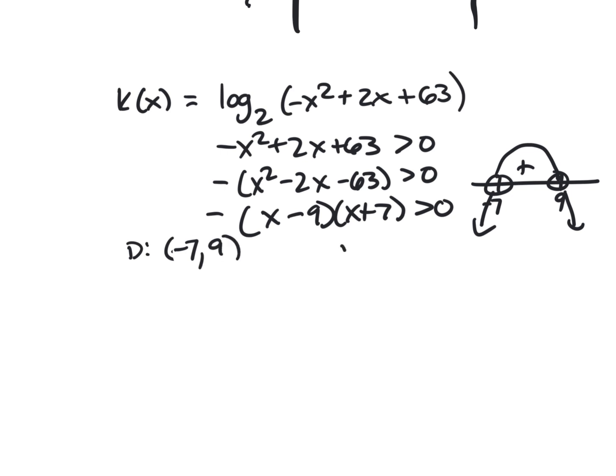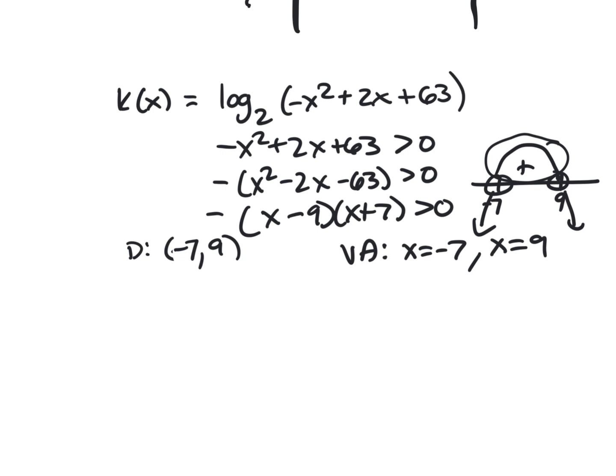And I'm also going to make note that my vertical asymptotes, where the inside equals 0, are negative 7 and 9. Okay, the range is a little challenging here because I know the inside of the log is not going towards positive infinity, because the inside of the log is a parabola that opens down. So it has its limitations here.